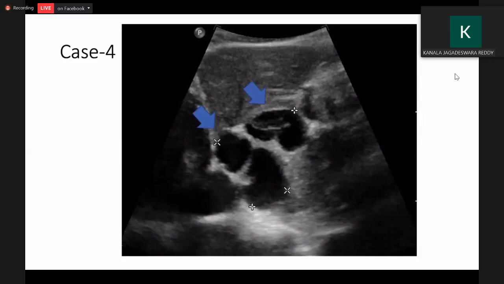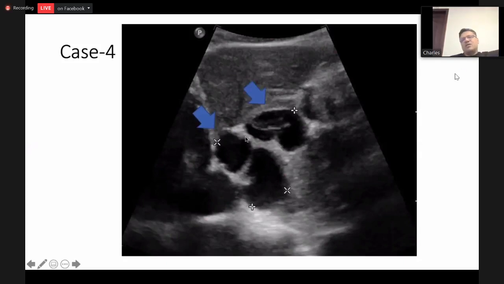Okay, so see, you're seeing a large lesion, anechoic, with multiple septations, thick-walled septate, and probably mural nodules. Ultrasound shows a large lesion. Yes, sir, you can see the outlines marked here. So do you want to give a differential?